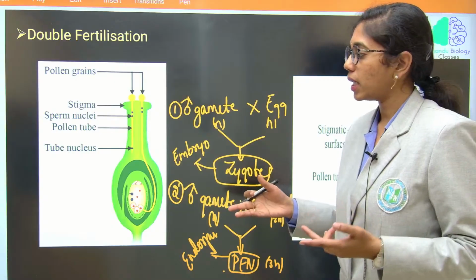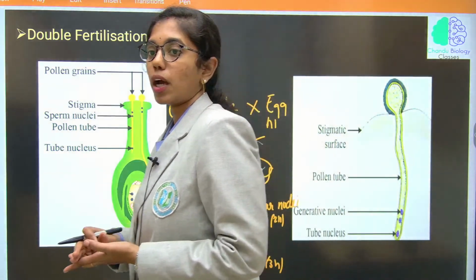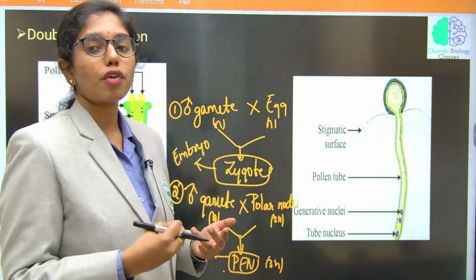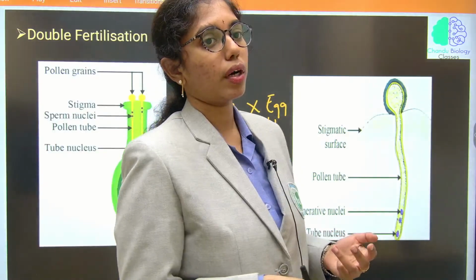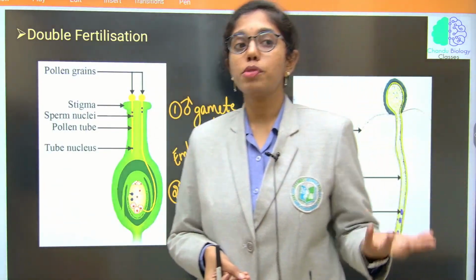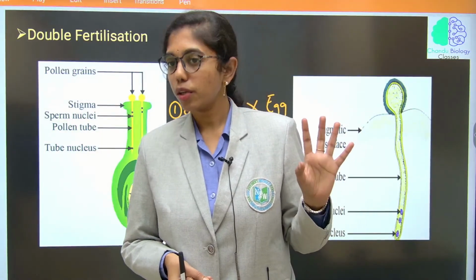Then seed formation, and special types of reproduction, that is apomixis, and how multiple embryos are formed inside the ovule without fertilization, that is polyembryony, followed by the objectives related to reproductive biology, will be dealt with tomorrow.